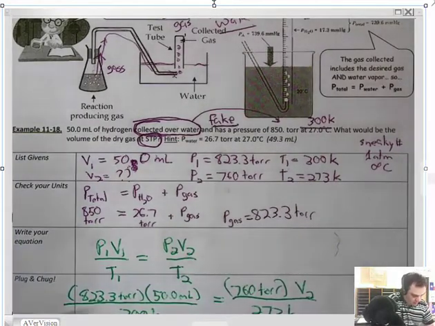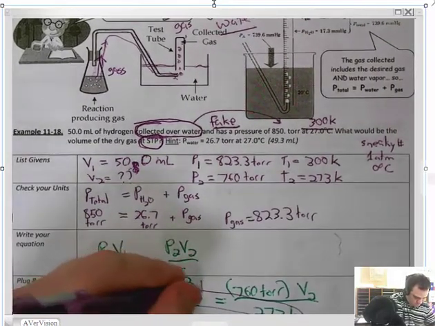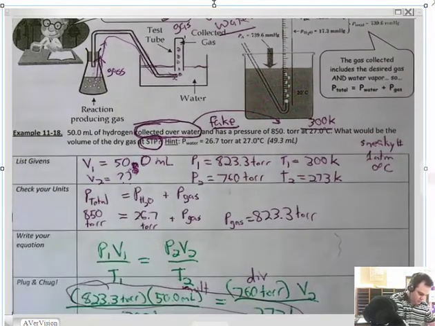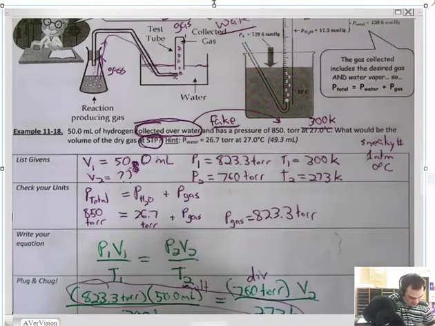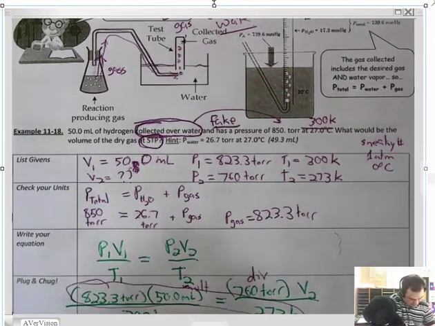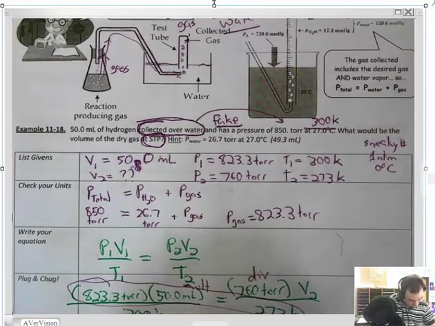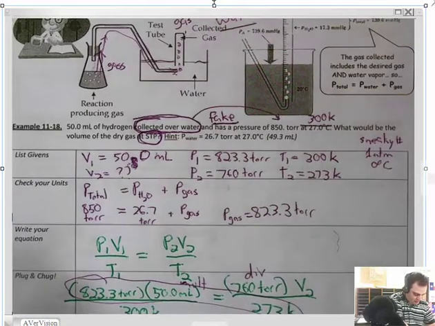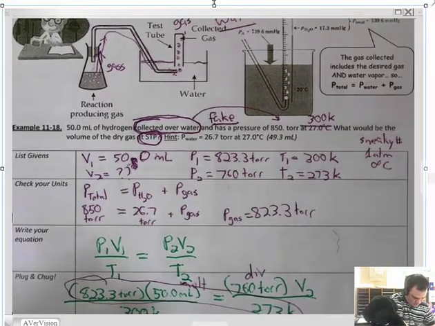So you're going to end up multiplying these three numbers here. Then you're going to divide by this number, and divide by that number to solve this. And you end up with a V2 of 49.3 milliliters. This is using the combined gas law with Dalton over water.